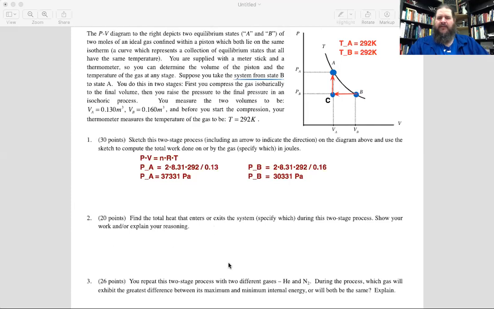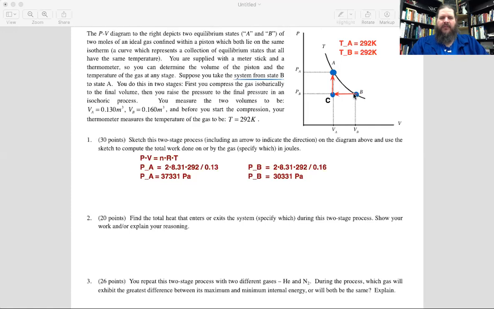And at that point, how would we find the work done during this process? Area under the curve. We can probably split up into two different.